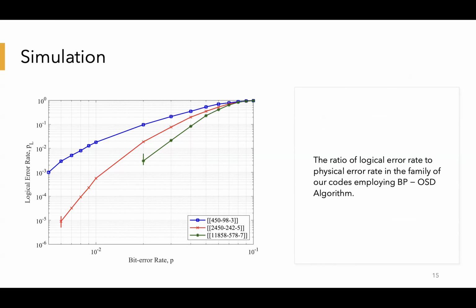For this result, firstly, for this simulation, we must find the parity check matrices of the quantum code, for example HX and HZ, for each quantum code. And we must send these parity check matrices to the BP-OSD algorithm to find the logical error rate. For this simulation, firstly, we must define the physical error rate, because when we have a circuit, we have some noise that makes errors, and we define that as the physical error rate.